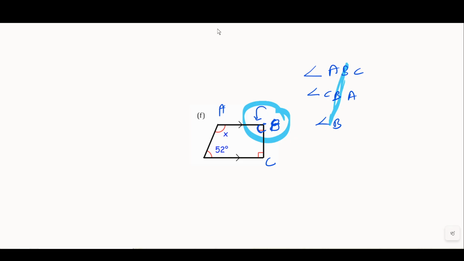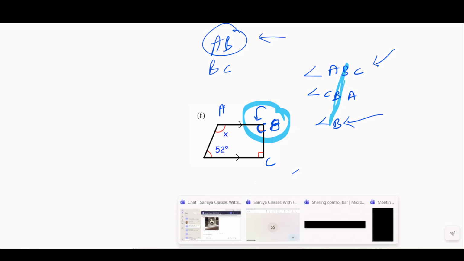So either I call it ABC, CBA or B. You can notice that's how we write an angle. But when we are talking about a line segment or length or side of any figure, we just write AB, BC. There are two letters, and there are three letters or one. Did you get what I am explaining? This is very, very important because you are confusing it here, right?